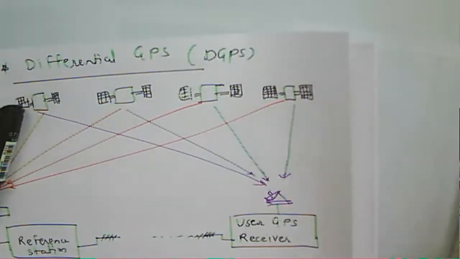The various error sources include errors in the satellite ephemeris, satellite clock errors, errors caused by propagation delay variation in the ionosphere and troposphere, receiver clock errors, and receiver noise. These are all about the satellite navigation system. With this, we end the satellite navigation system. Thank you.